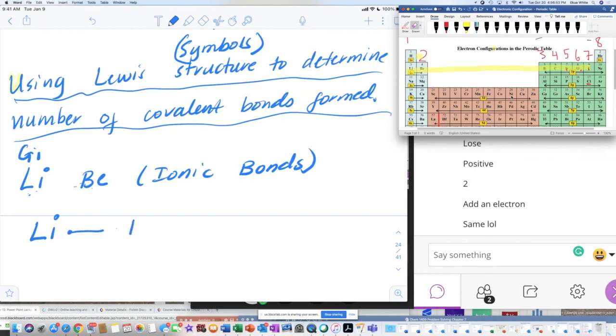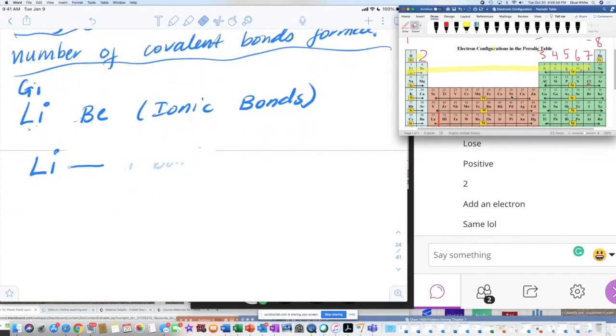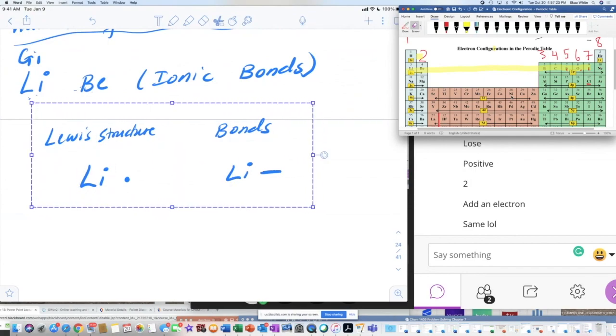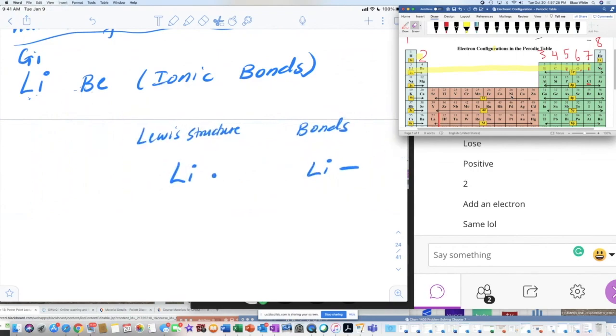It forms one bond. Let me write this differently: Lewis structure, and then I write here bonds. So lithium is usually in group 1, and the number of bonds for lithium is one bond. I'm developing this as I go, literally making it up on the go. So I'll say here group number.